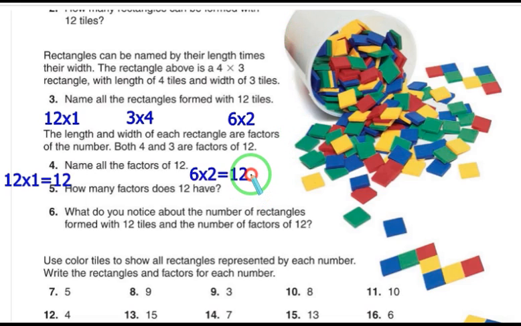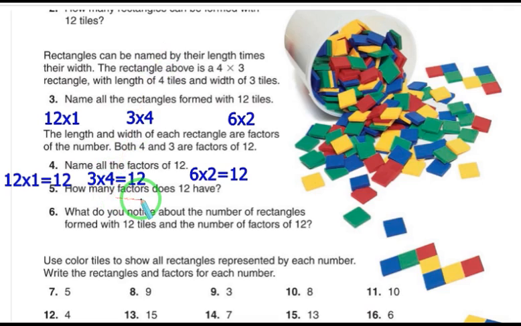The factors are different lengths and widths for the 3 times 4. Now how many factors does 12 have? It has 1 2 3 4 5 6. It has 6 factors. So it has 6 factors.